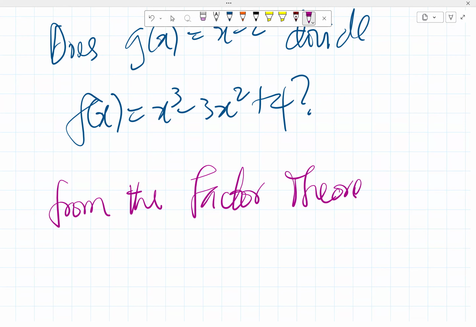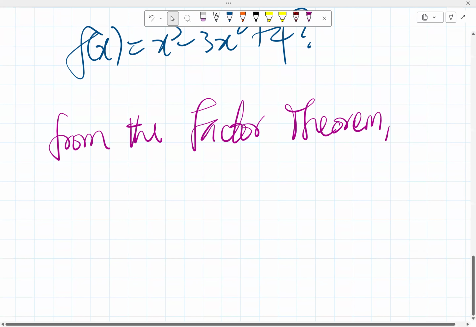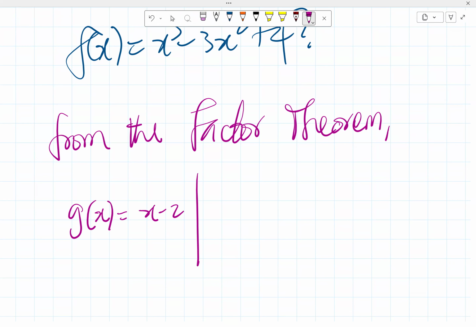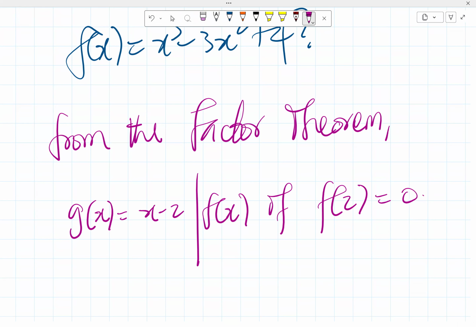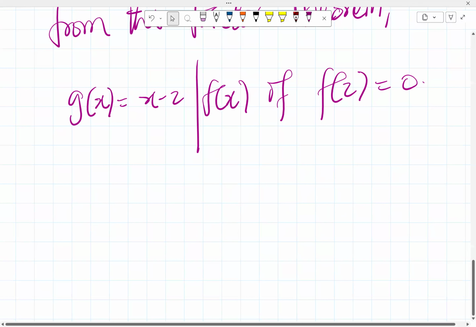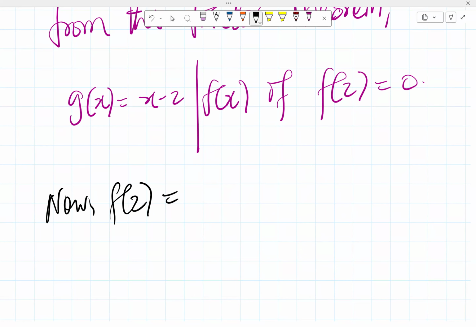From the factor theorem, g of x, which is equal to x minus 2, divides f of x if f of 2 is equal to 0. So we need to check if that is true. Now f of 2 is 2 raised to power 3, based on the expression, minus 3 into 2 squared, plus 4.